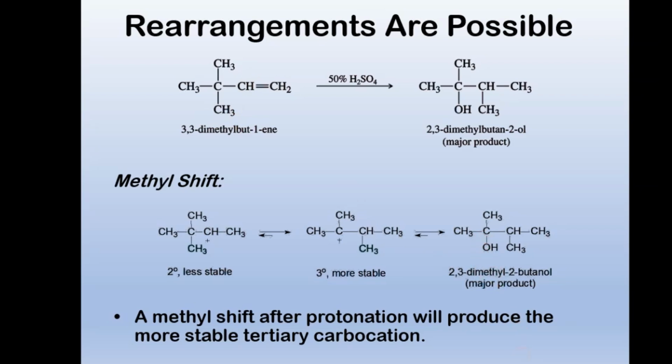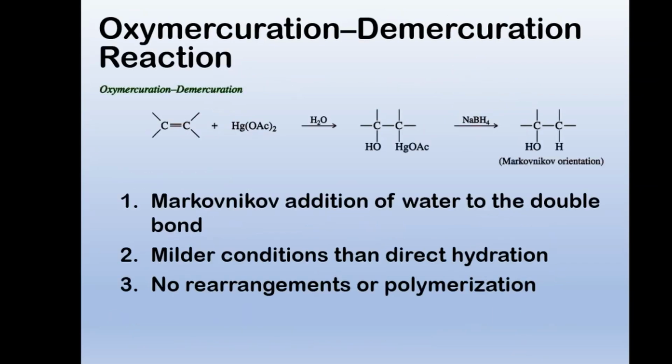So chemists said, what if we want Markovnikov regioselectivity? This is called the oxymercuration-demercuration reaction. Here's our mercury(II) acetate, here we're in water, and here's this intermediate. We get an OH on the carbon bearing the lesser amount of hydrogens.